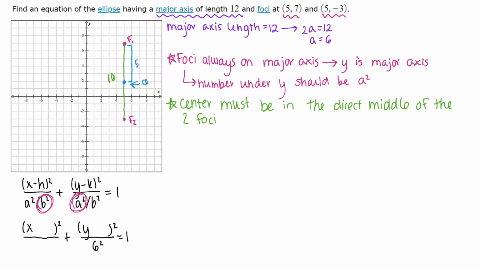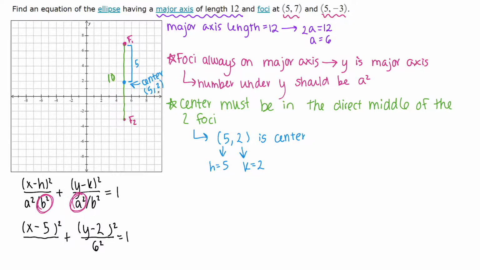This is the exact center. So this is the point (5, 2), which gives us h and k. So h is going to be 5, and k is going to be 2. I can fill that in over here, so x minus 5, y minus 2.